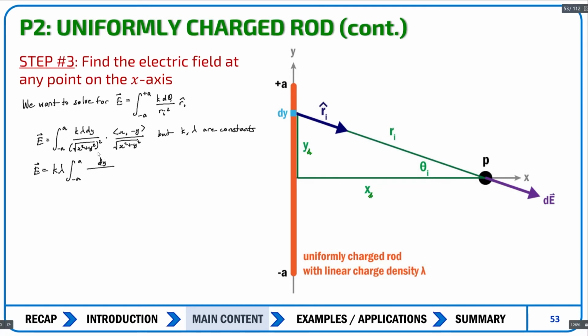So 1 plus a half is going to be equal to x squared plus y squared to the power of 3 over 2 times x negative y. So that is what you would have for now. And because you have an x component and a negative y component, you have to separate these two and calculate them differently. So I want to write down, we need to solve for Ex and Ey separately.